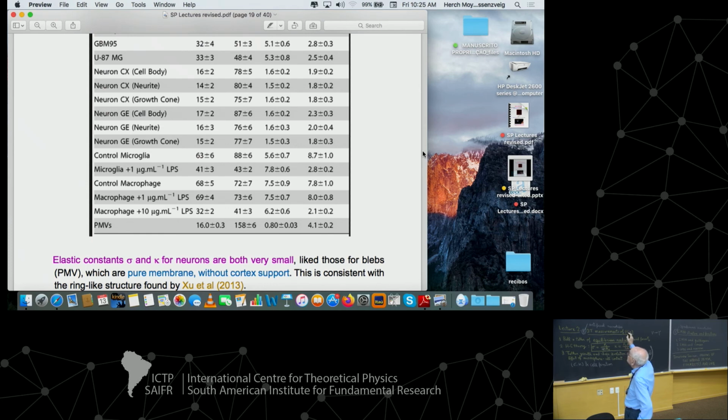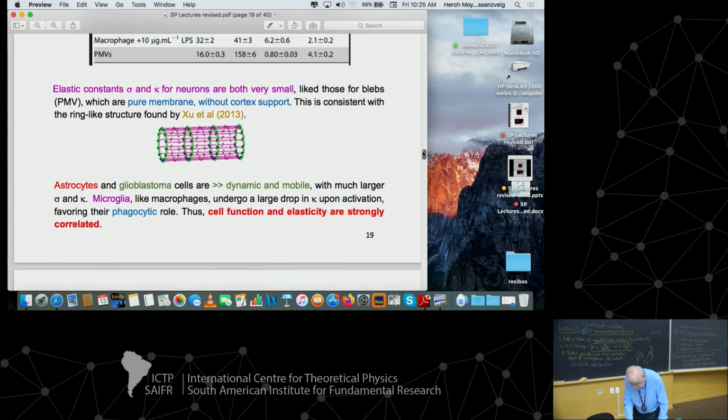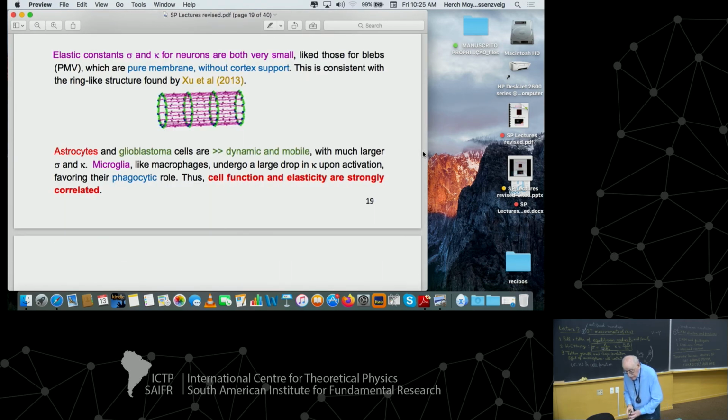Well, they are up here, but they are very similar to those for blebs. And now this is consistent with the fact that the structure of the actin in neurons was found in a paper in 2013 by Xu.